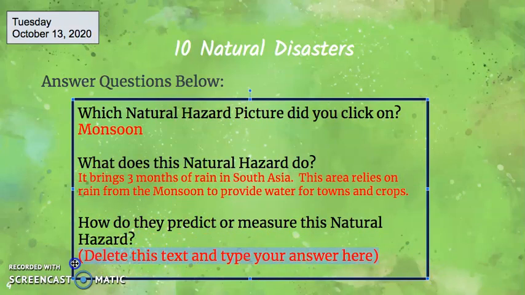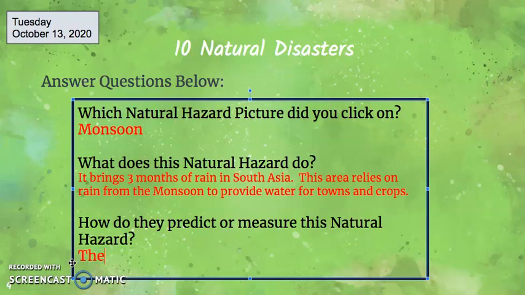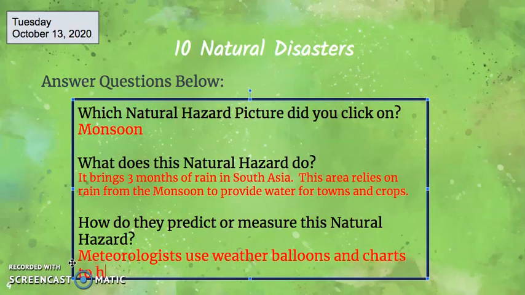How do they predict or measure this natural hazard? Well, that's, I'm going to say meteorologist. Meteorologists use weather balloons and charts to help predict, which I saw in the video that you guys don't get to watch.